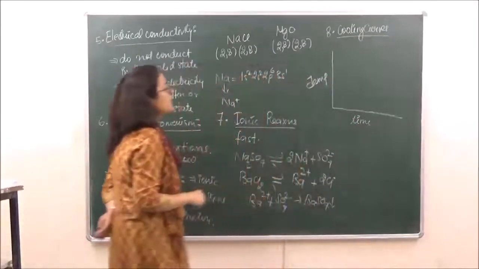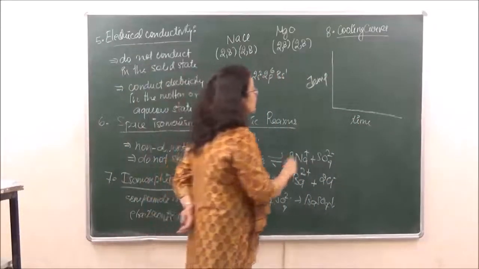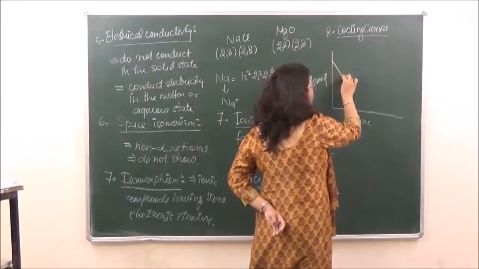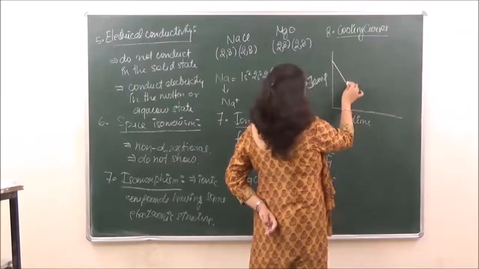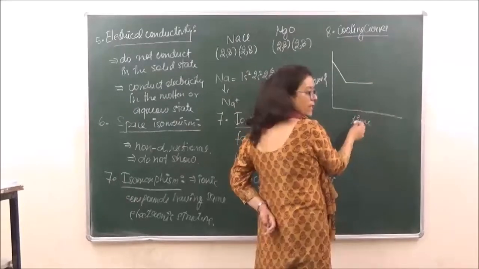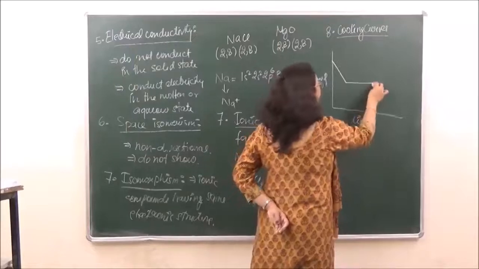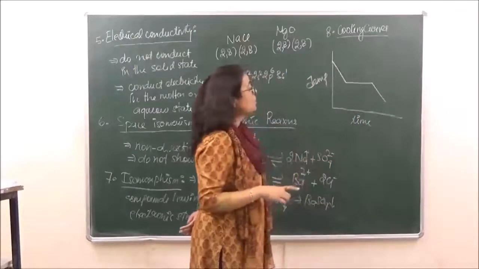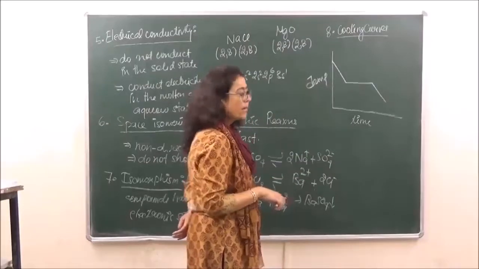As we lower the temperature, with time cooling will start, but at a particular temperature, we observe a straight line for a little period, and then again it can be further frozen down to lower temperature.